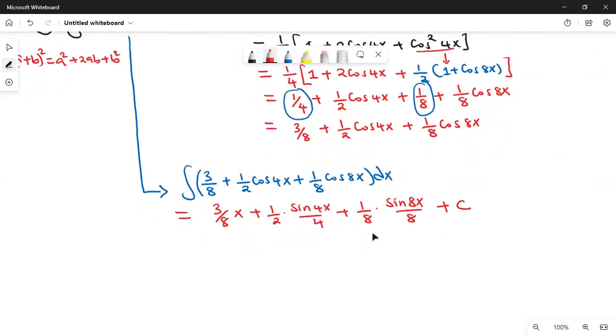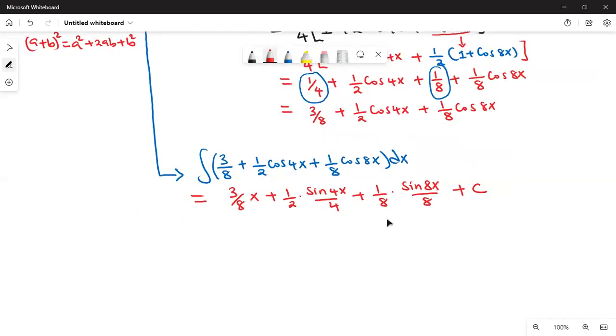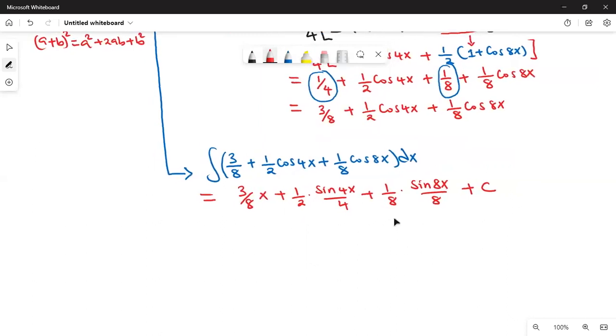And if I simplify this further, I am going to get 3 over 8 x plus 1 over 8 sine 4x plus 1 over 64 sine 8x plus c.